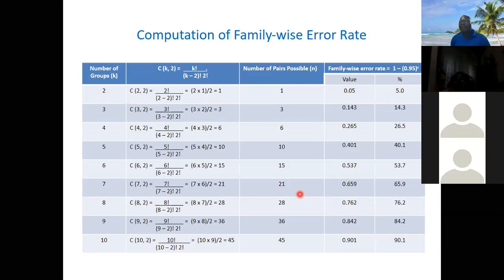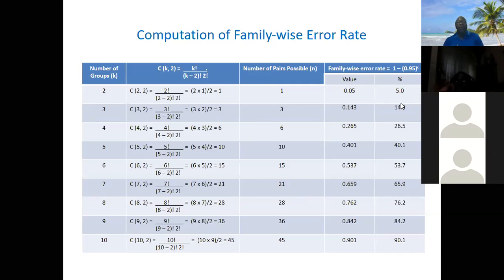And the possibility of you getting some to be significant, when in actual sense they are not, is very high. So we have seen how we know the number of ways we can pair groups.